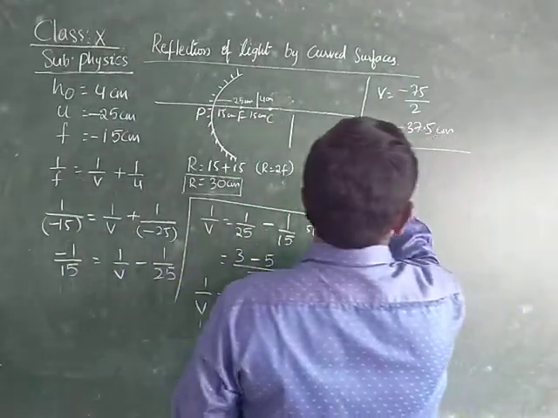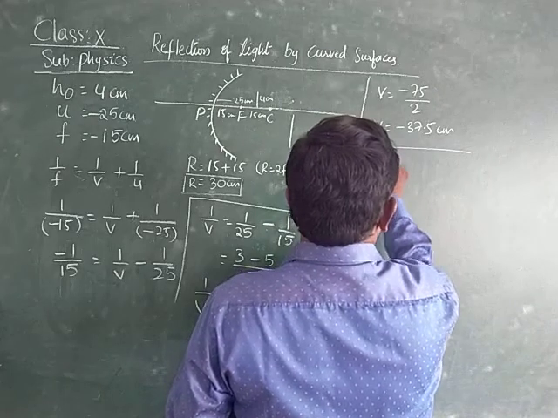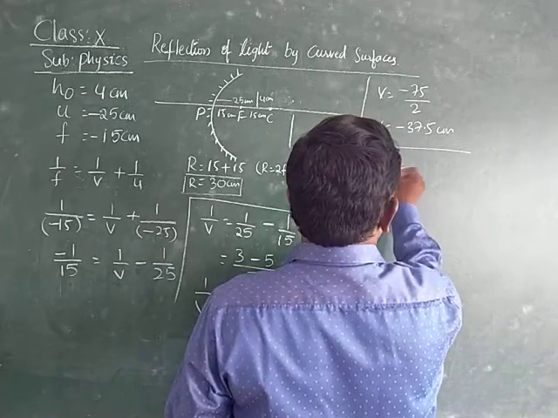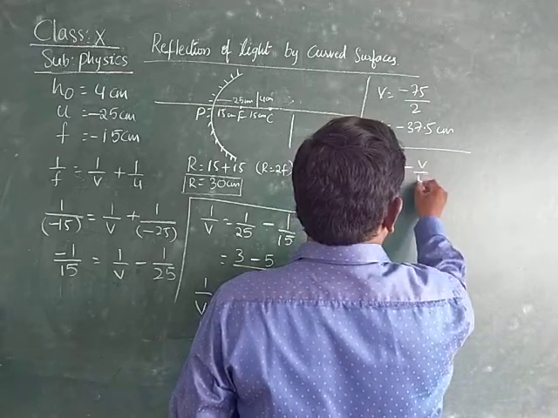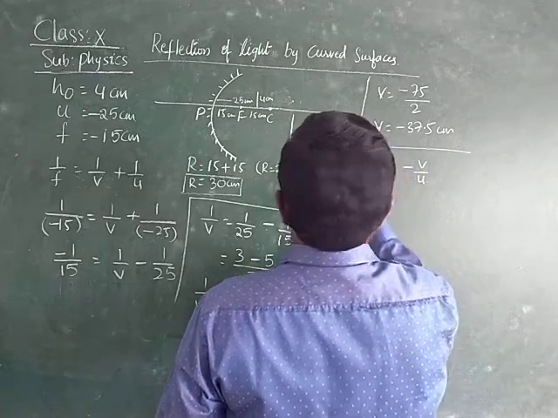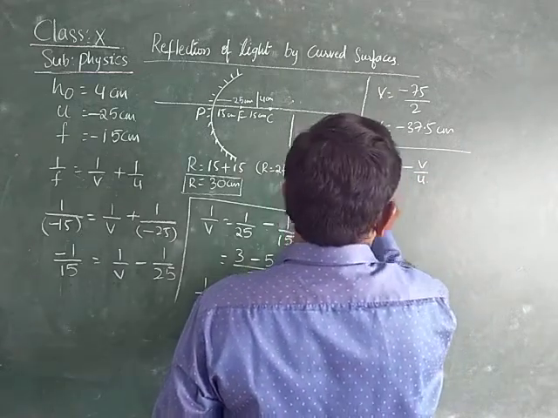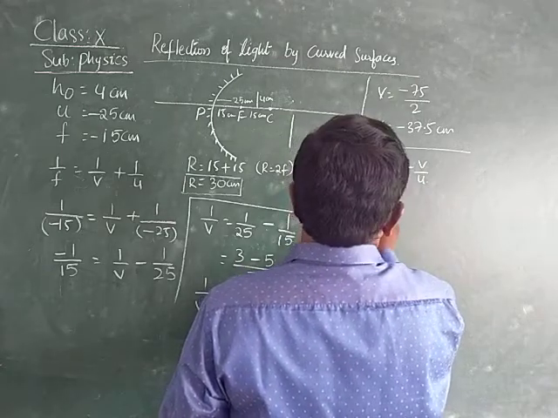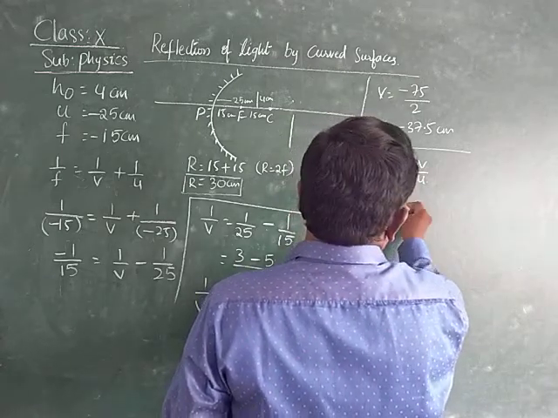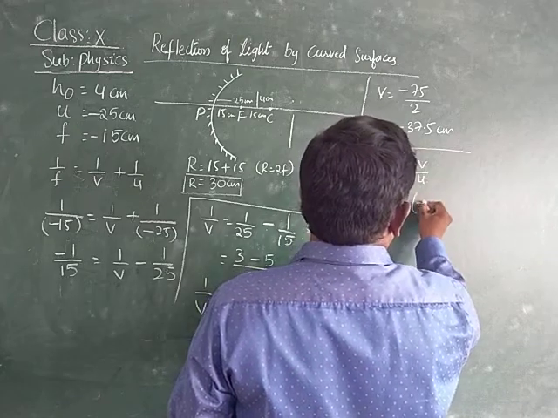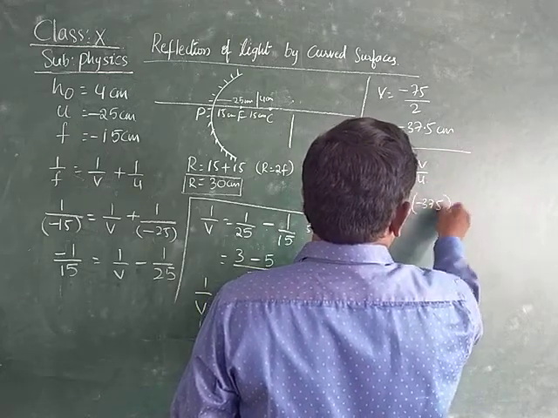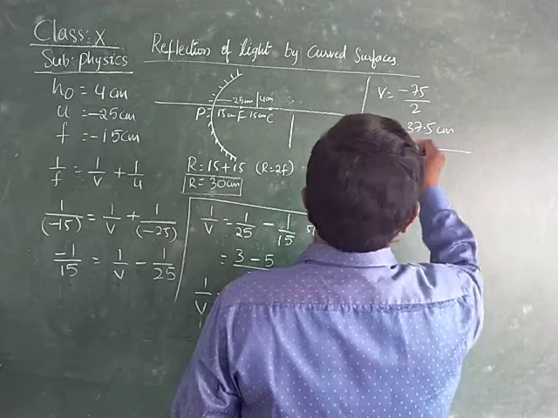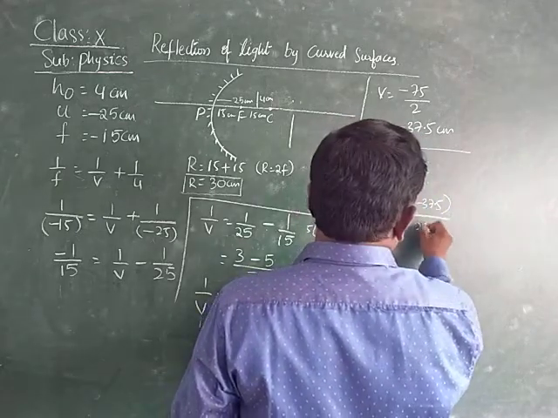Height of the image by height of the object is equal to -v/u. Height of the image we don't know, we should find it out. But height of the object we know, that is equal to 4 centimeter, -v we know, -(-37.5). Do we know u? Yes, -25.